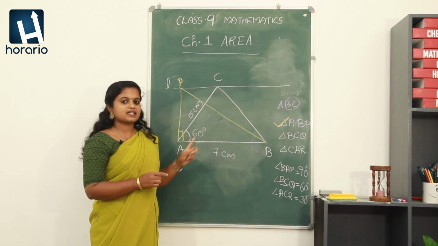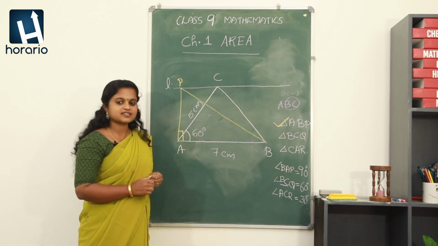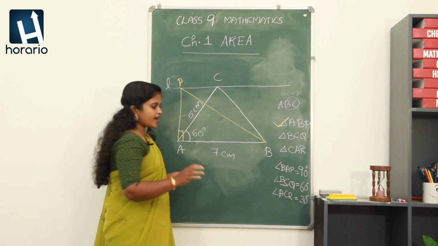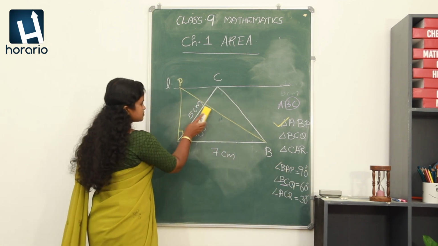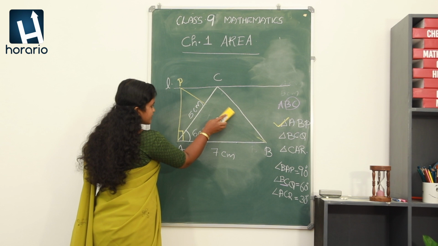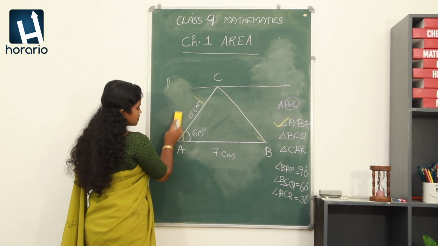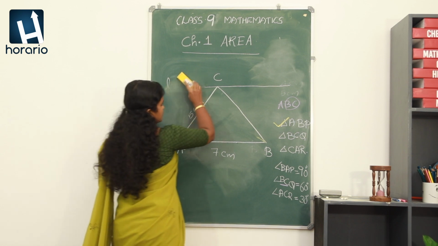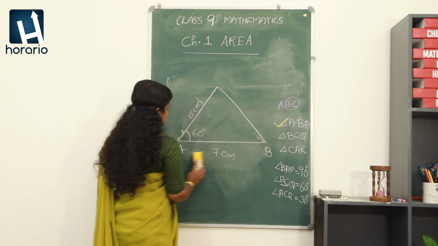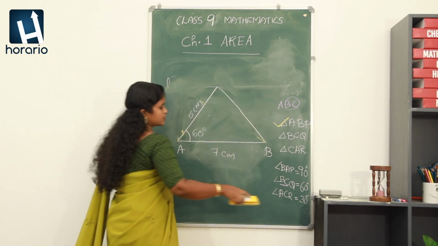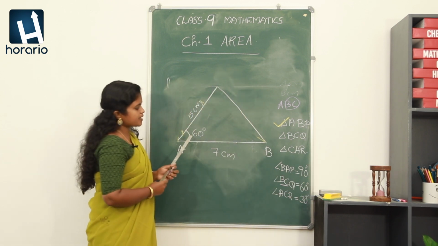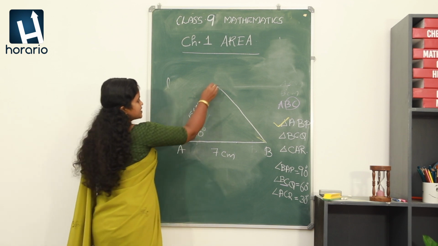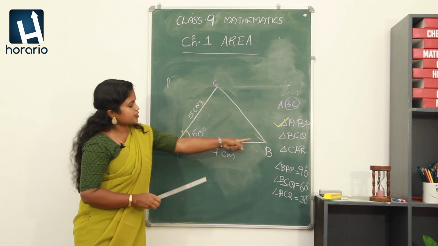So, we will be repeating the same activity using the base BC. Okay. So, I have to rub all these things. So, what we have to do? We will be rubbing all these things. Okay. So, just we need to repeat the same activity with the base BC. Okay. So, we are going to consider BC.